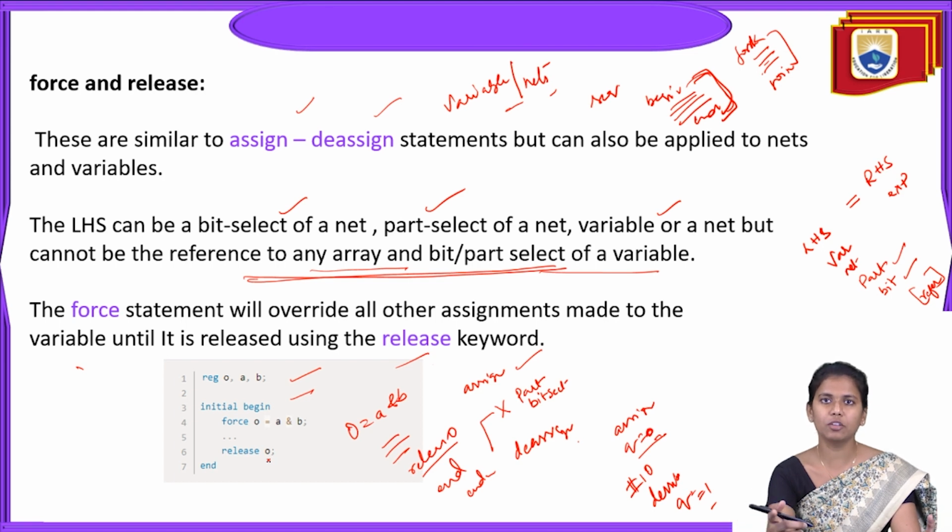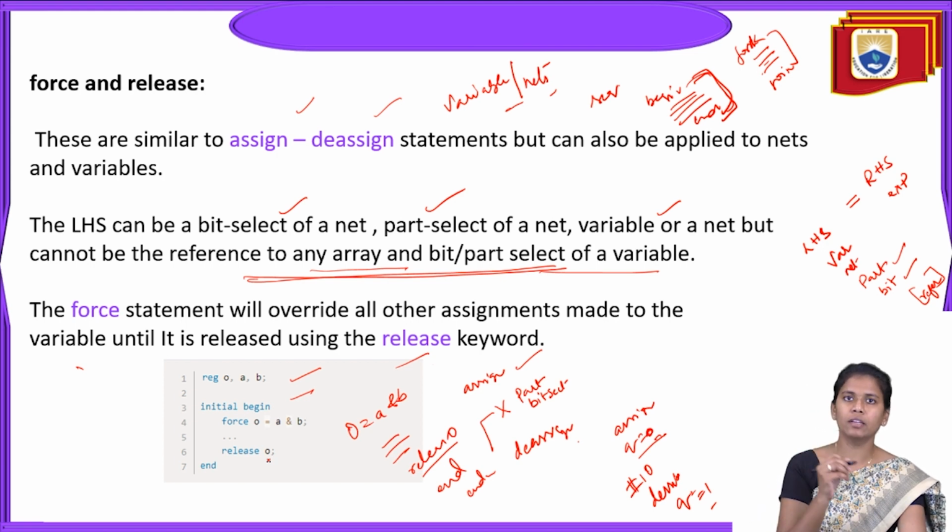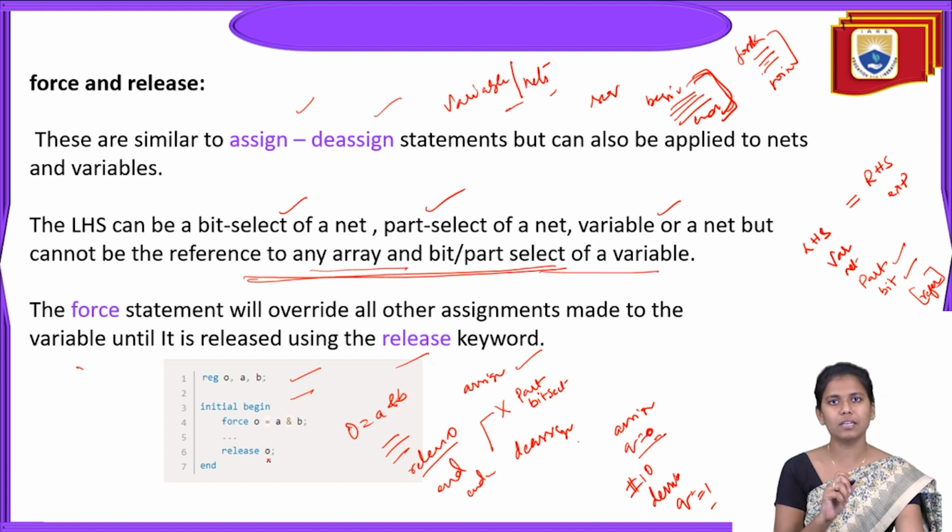An important thing to be remembered when it comes to force and release and assign and deassign: in assign and deassign, bit select and part select cannot be considered. Whereas in force and release, bit select and part select can be considered, but the reference of any array cannot be considered.